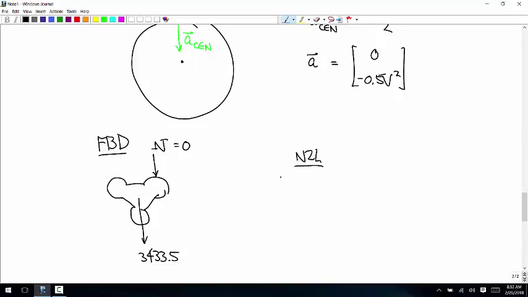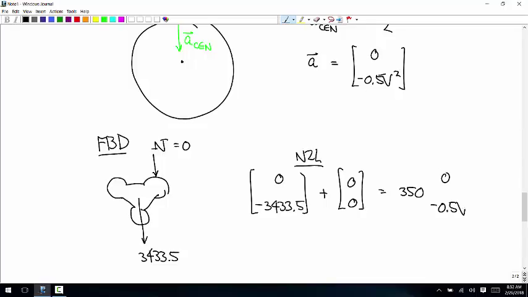That's right. So 0, negative 3433.5 plus this 0 normal force is equal to 350 times 0, negative 0.5 v squared.